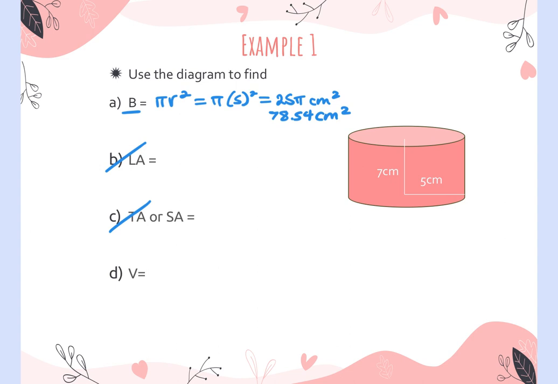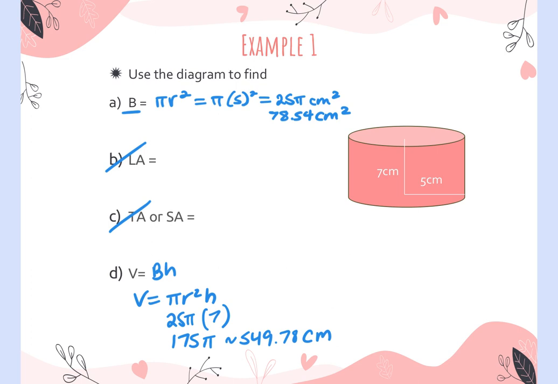So volume, we could either do the base area times the height, or because it's a cylinder, we can do pi r squared h. But see, we already have the base. We already have that. 25 pi was the base area. What's the height? 7. So in exact format, that's 175 pi. And if I wanted the decimal, 549.78, and it would be centimeters cubed this time.